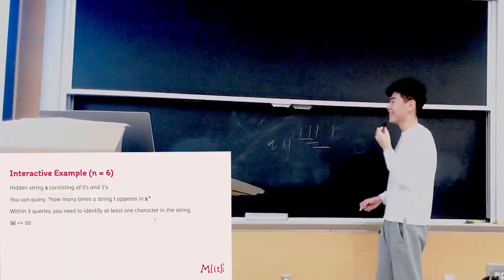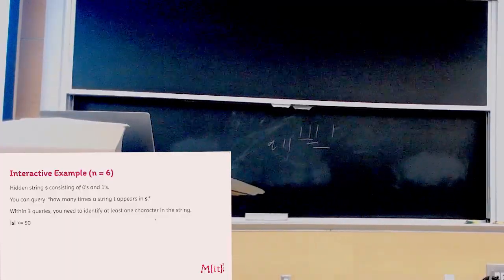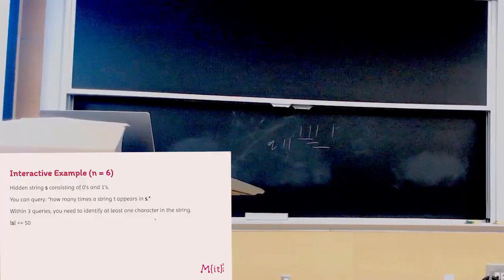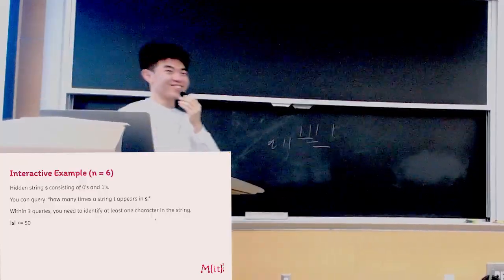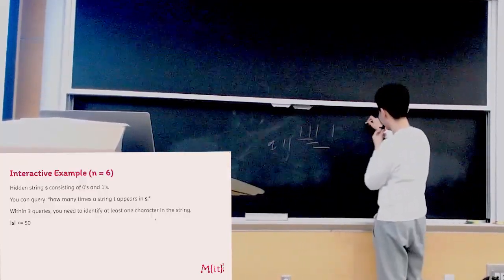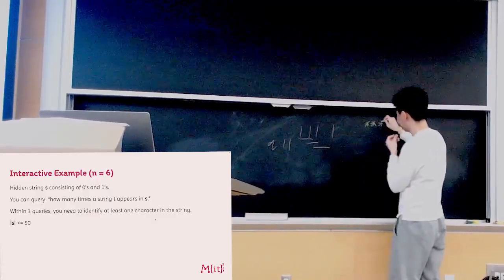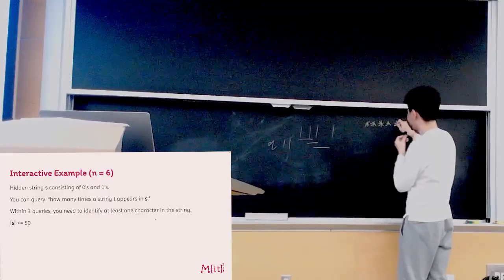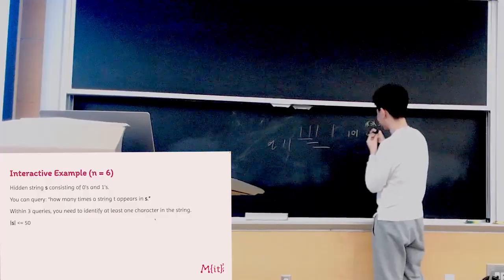Okay. So 101 occurs 2 times. Let's record this down. My string has length 6, and 101 occurs twice.